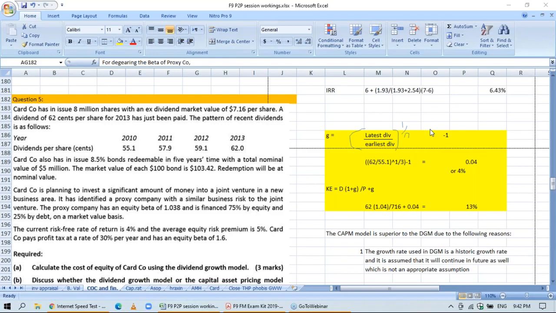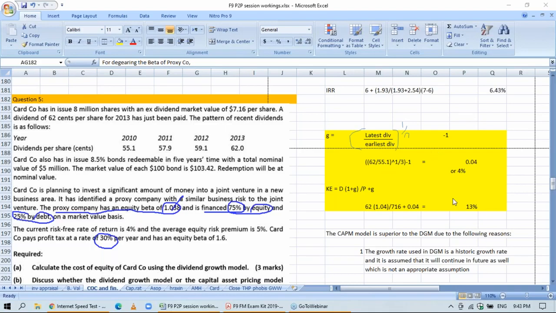See, the proxy company has an equity beta of 1.038, and it is financed 75% by equity and 25% by debt. So using this and the tax rate of 30%, I will first remove the effect of the financial gearing from this beta 1.038.